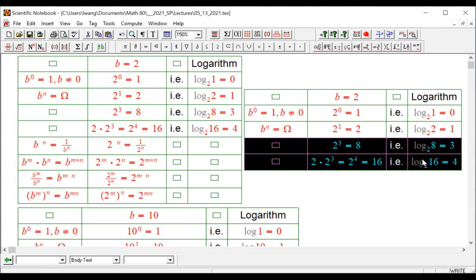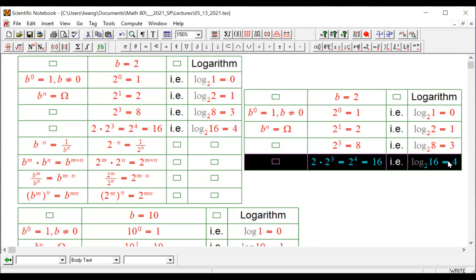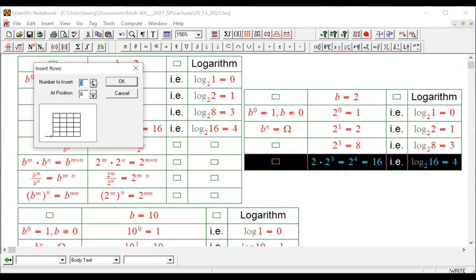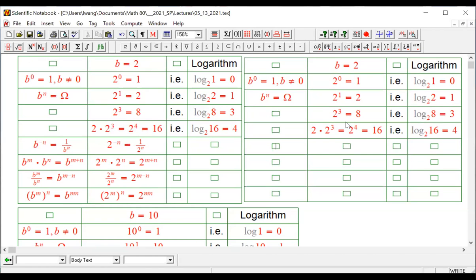I'm going to put some more rows: 1, 2, 3, 4, 5, 6, 7, 8, 9. I'm going to put in 4 more rows: 1, 2, 3, 4. There you go. You guys are going to continue to practice the logarithm.